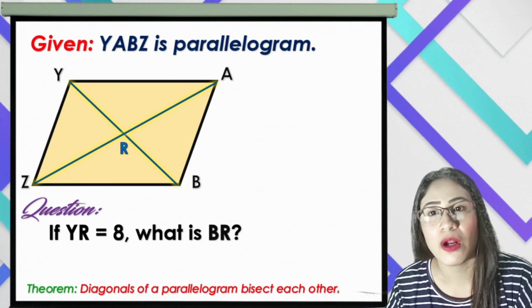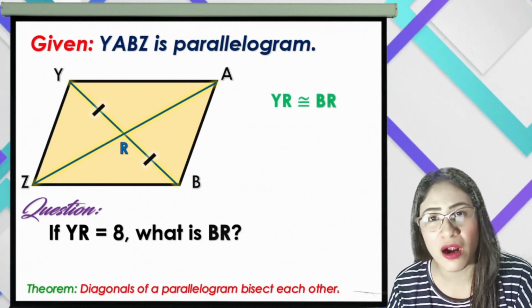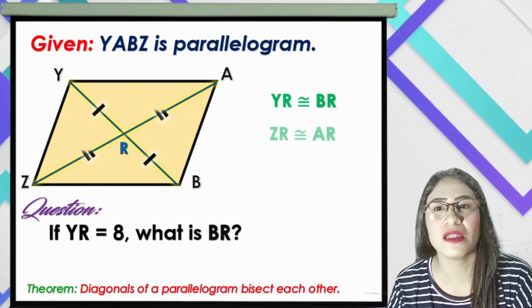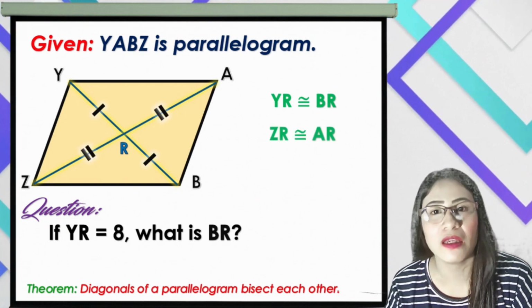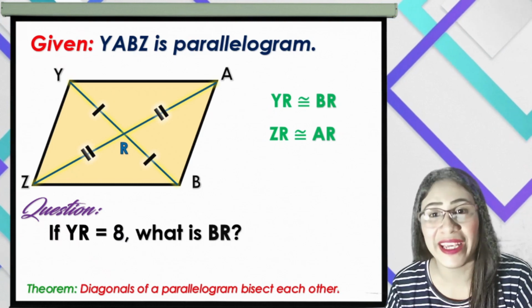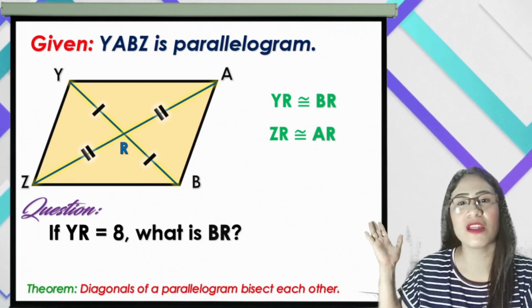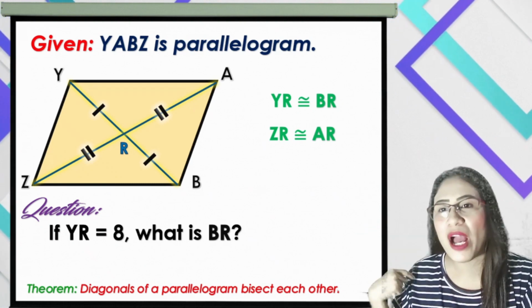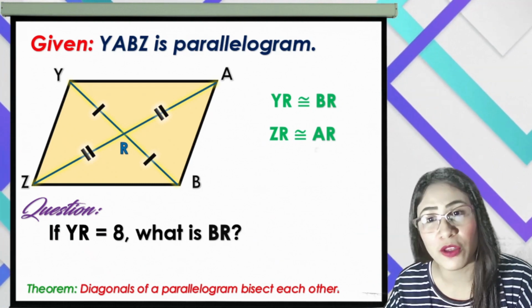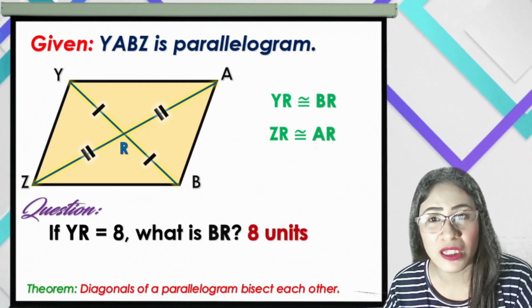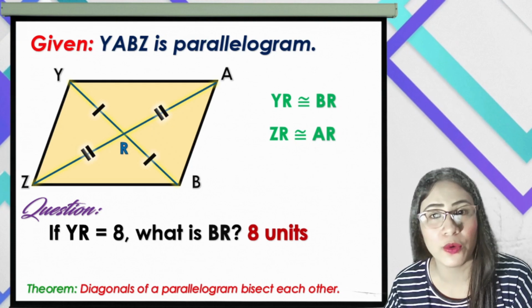So YR is congruent to BR, they have the same measurement. And ZR is congruent to AR, so they also have the same measurement. So in our question, if YR is 8, the measurement of BR is 8 units also since they are congruent.